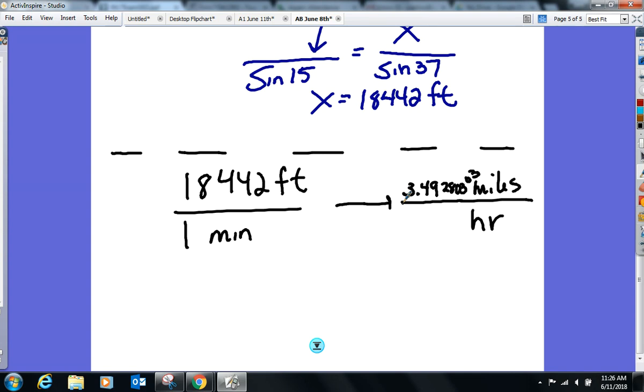Yep. Here's the tough part. 1 minute is how many hours? It's very small, correct? 1 minute is how many hours? What do you want to do with that 1 minute? Divide it by 60. So 0.0166 all the way. Okay, we get it. Let's divide those two.